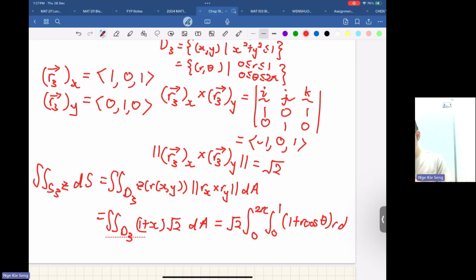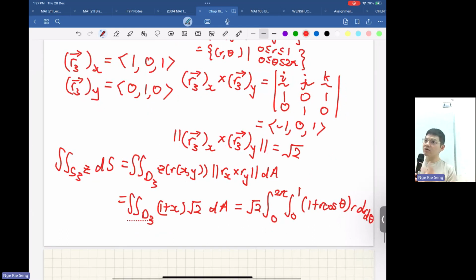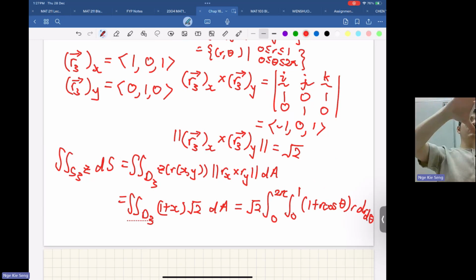dr d theta. So this is what I said yesterday: you introduce two Jacobians here. The first Jacobian goes from the curved surface in 3D to the flat surface in 2D. The second Jacobian is when you change variable in the flat surface. Remember why we introduced the Jacobian for change of variable?